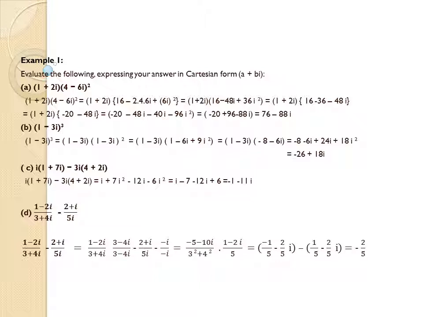Then 2 plus i into minus i, that becomes 1 minus 2i divided by 5i square minus, so here both negate, so it comes minus 1 by 5 minus 2 by 5 into i, equal to minus 2 by 5. So that is the simplest result.